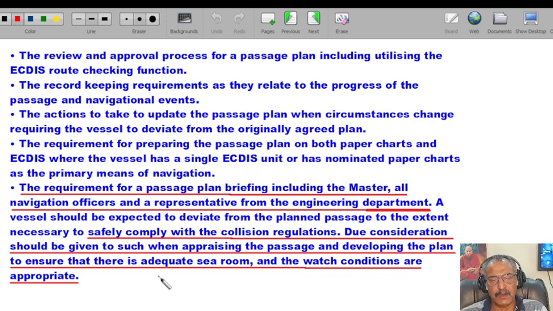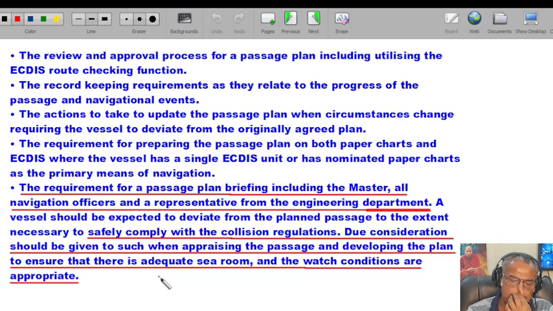So this is again an important point: adequate sea room at each and every leg, between each and every waypoint as well.